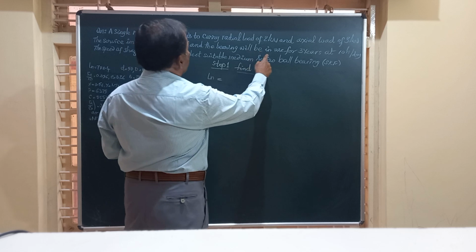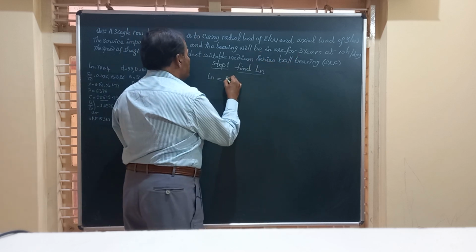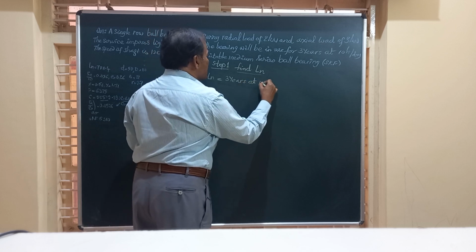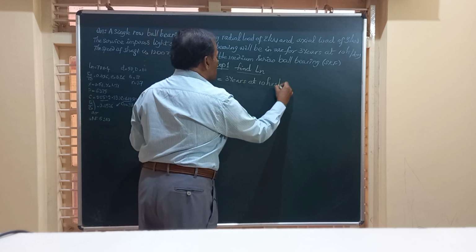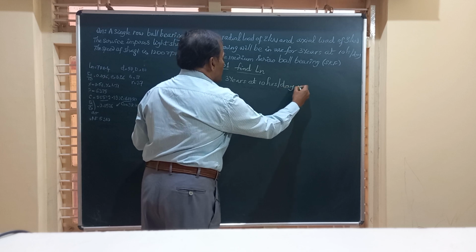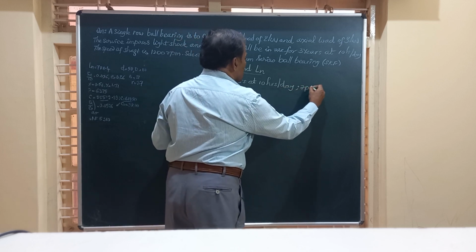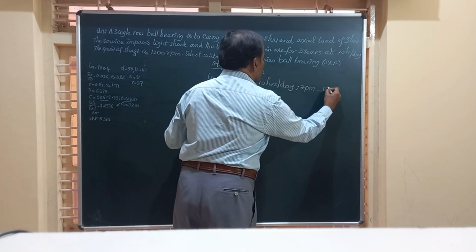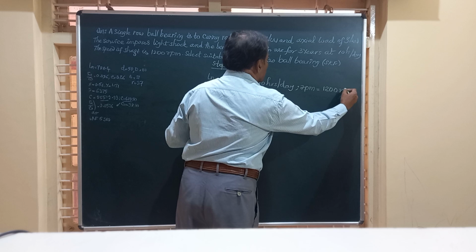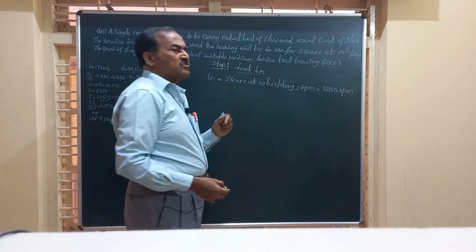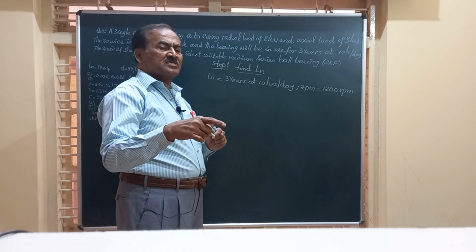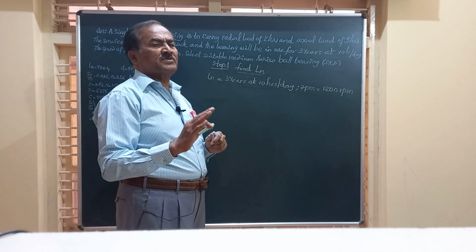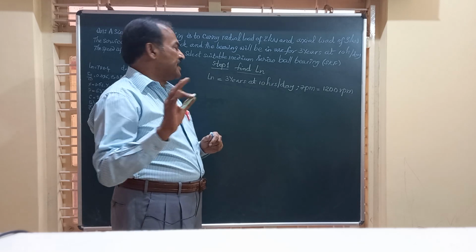It is to run for 3 years, so the bearing will be in use for 3 years at 10 hours per day, and the speed of the shaft is given to be 1200 RPM. So this data I am going to convert into revolutions and then to millions of revolution. That is how the life of the bearing Ln is expressed.